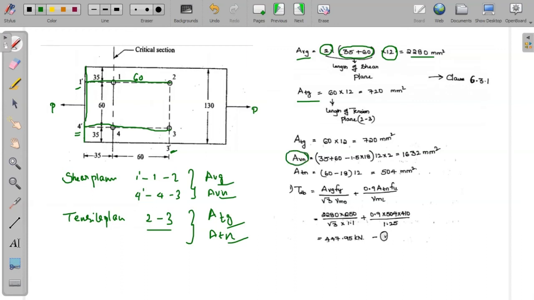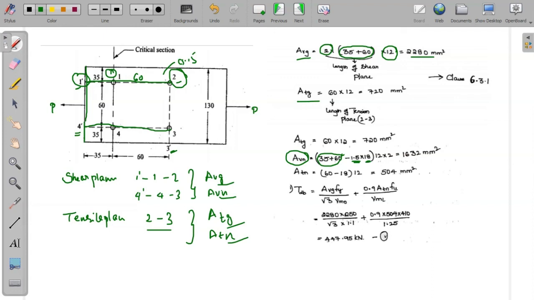So what is the total length of the shear plane? 35 + 60. ఒక ప్లేన్ తీసుకుందాము, దెన్ యూ కెన్ మల్టిప్లై విత్ 2. సో ఒక ప్లేన్ అంటే 35 + 60, 1 dash నుంచి 2 వరకు ఉన్న డిస్టెన్స్ షియర్ ప్లేన్ది. ఇప్పుడు మైనస్ ఆఫ్ ఎన్ని బోల్ట్లు ఉన్నాయి, 1 or 2. కానీ ఇక్కడ గుర్తుపెట్టుకోండి 2 దగ్గర బోల్ట్ సెంటర్ వరకు మాత్రమే షియర్ ప్లేన్. కాబట్టి 1 ఇది 1 ప్లేన్, 1 ఇది 0.5. సో 1.5 మాత్రమే. సో 1.5 × 18.